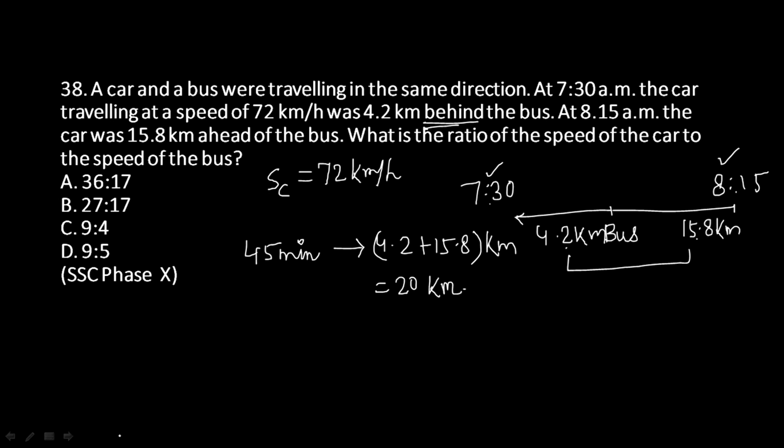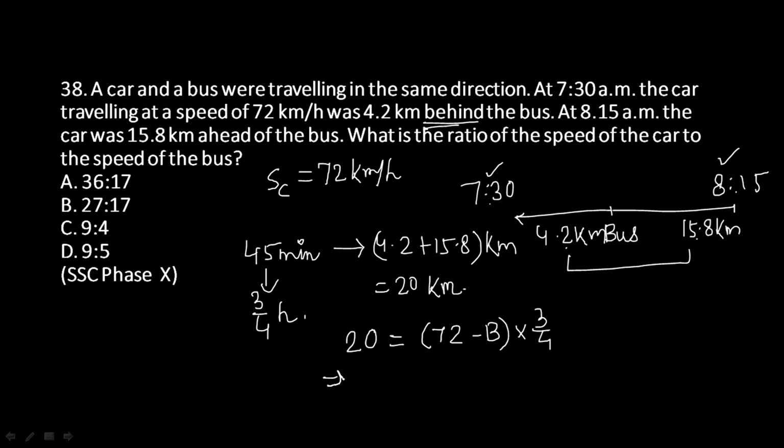So what does these 45 minutes resemble? 45 minutes means 3 by 4 hour, right? So now we can make an equation. This 20 km is equal to 72 minus the speed of the bus into 3 by 4, right?